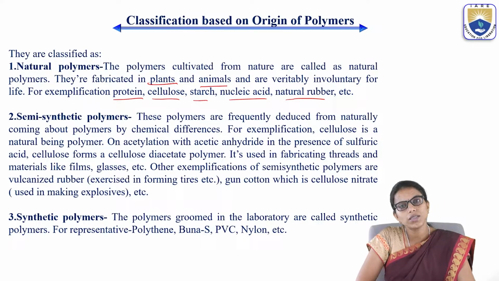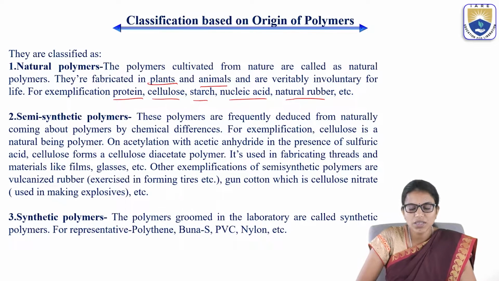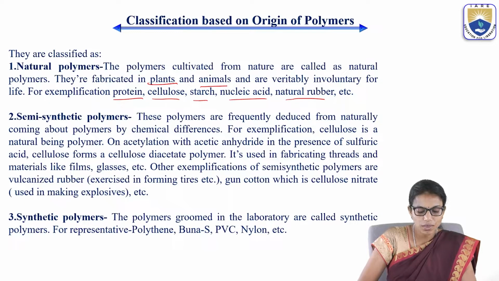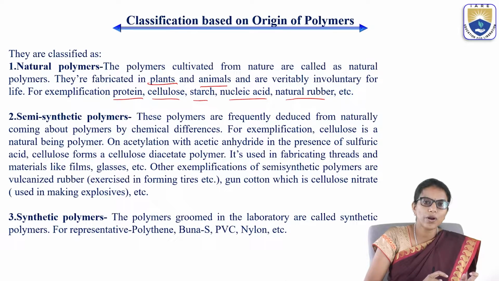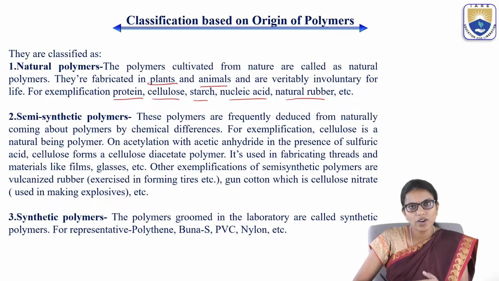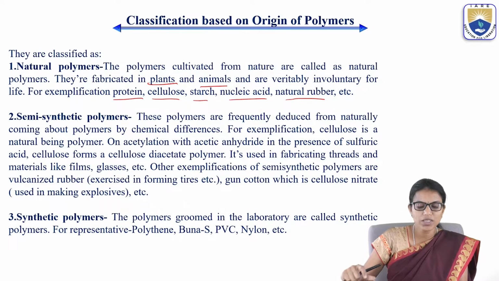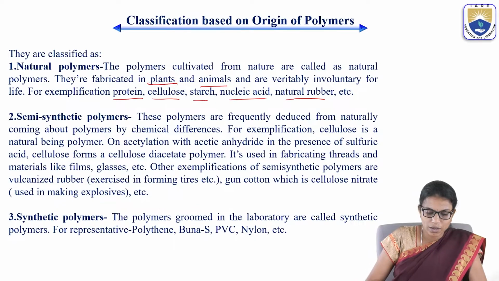Now coming to the second part, that is semi-synthetic polymer. Semi itself means it is partly natural polymer, and further change in any natural polymer will come under semi-synthetic polymer.